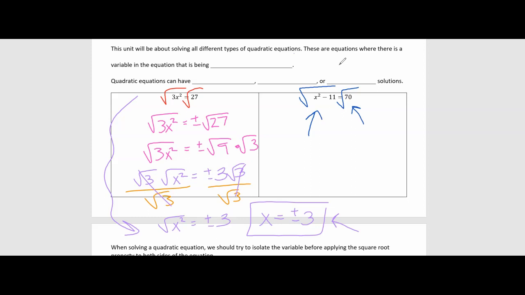X squared minus 11 is a difference, whereas 3x squared was a product, right? I was multiplying the 3 and the x squared together, so I could break those up. But you can't do this. I'm not allowed to do x squared minus the square root of 11, right? This is not okay, going from up here to down there.